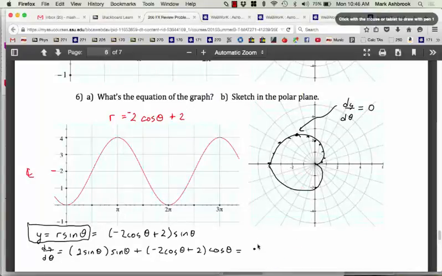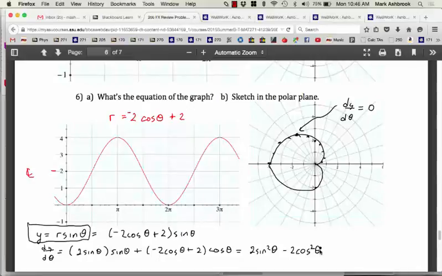Okay, so what do we got? 2 sine squared minus 2 cosine squared plus 2 cosine. So sine squared plus cosine squared equals 1. Unfortunately, we have 2 sine squared minus 2 cosine squared, so that's not going to work. So we need this to be 0, right?